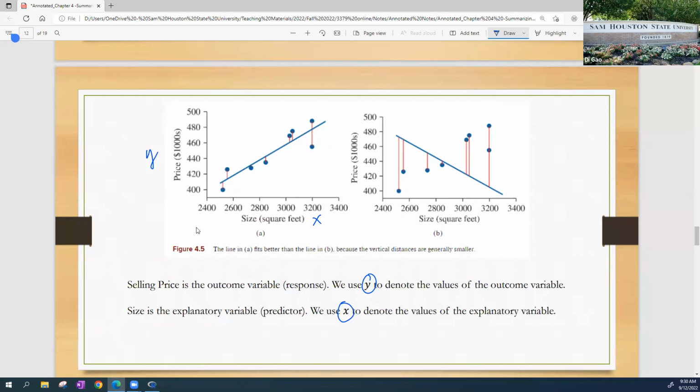For this other line, if we use it to represent the trend, it's not very good, because the line is far away from most of the dots. Maybe one dot stays close to the line, but all the others are too far away. So the reason we call this section the least squares regression line is because we want a line to describe the trend of the data that has the minimum squared distance.